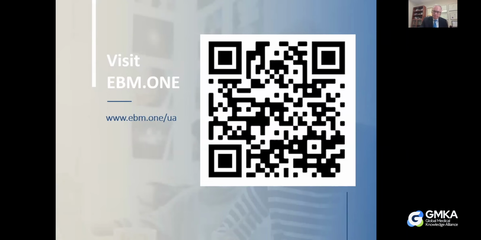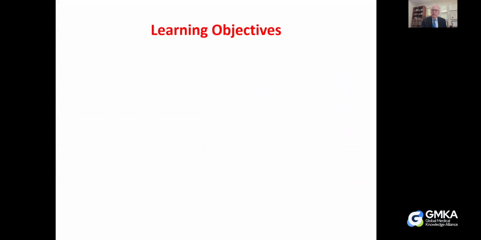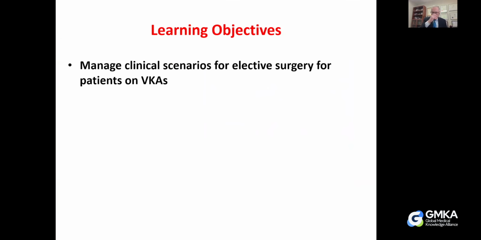So with that, let's talk about what I hope to achieve in the next 45 minutes in terms of learning objectives. The first is that I want you to have an idea of how to manage various scenarios for patients who are on vitamin K antagonists. That's usually warfarin in North America. In other parts of the world, it might be acenocoumarol. But we still are seeing a lot of patients who are taking vitamin K antagonists, especially for mechanical heart valves and other indications.